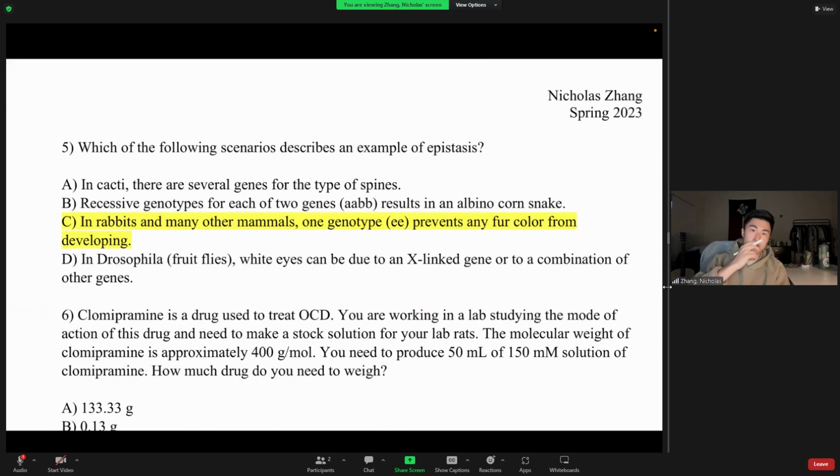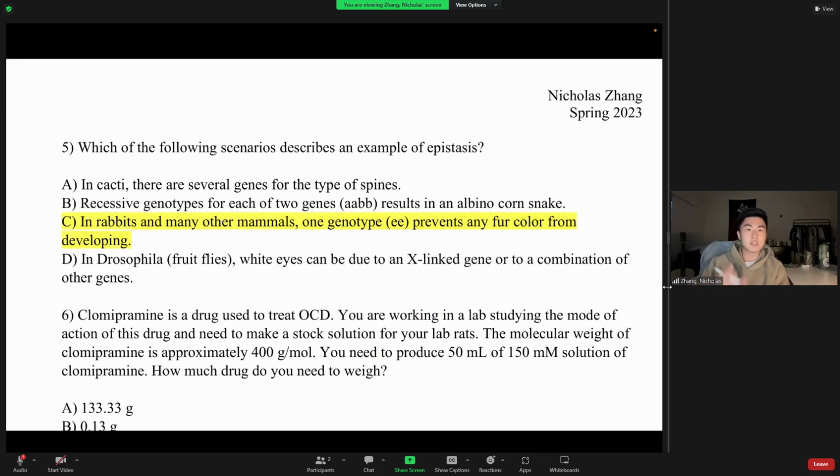So the dominant one would be green, or the recessive would be orange or something. A totally separate gene, the gene in question in this answer choice, can completely change whether it's green or whatever other color I said, even though it's technically not from that gene.